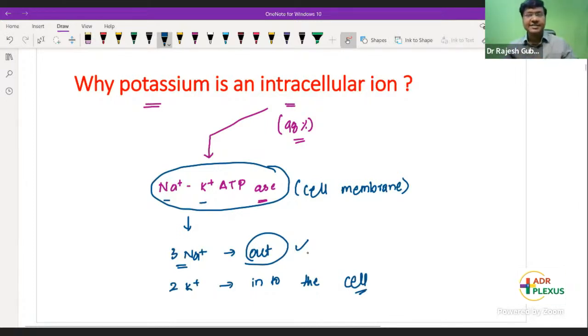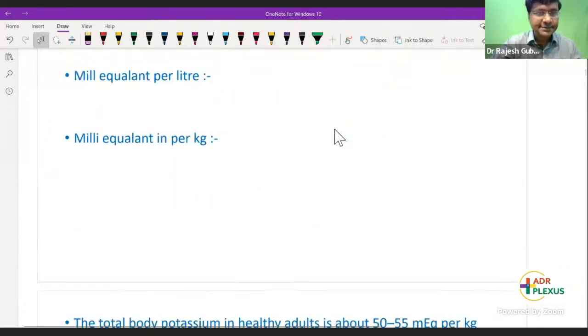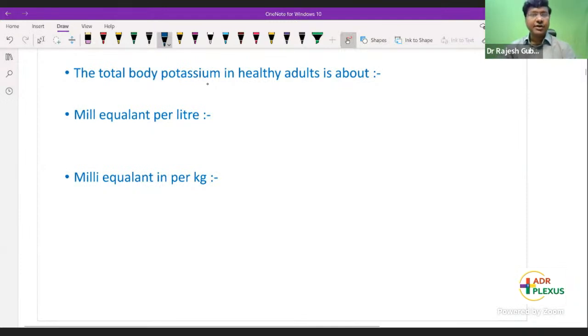Having said this, now you need to know the total body potassium in a healthy adult. The serum value in milliequivalents per liter, everyone is aware, is 3.5 to 5 milliequivalents per liter. But what is the quantity of potassium in milliequivalents per kg? This is very important.